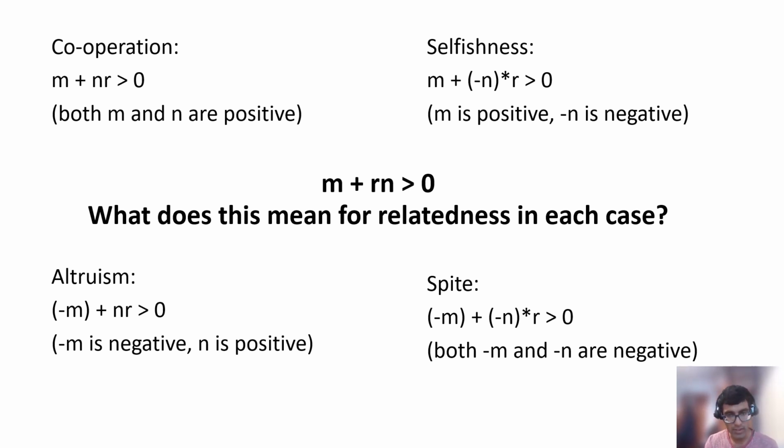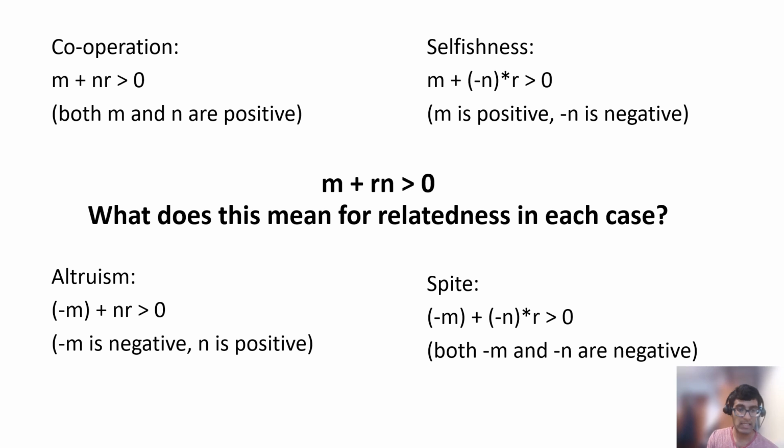In the case of selfishness, m is positive because you're getting a benefit, but the value for n would be negative because you are harming another individual. And so m plus rn greater than 0 requires that m has to be bigger than nr.